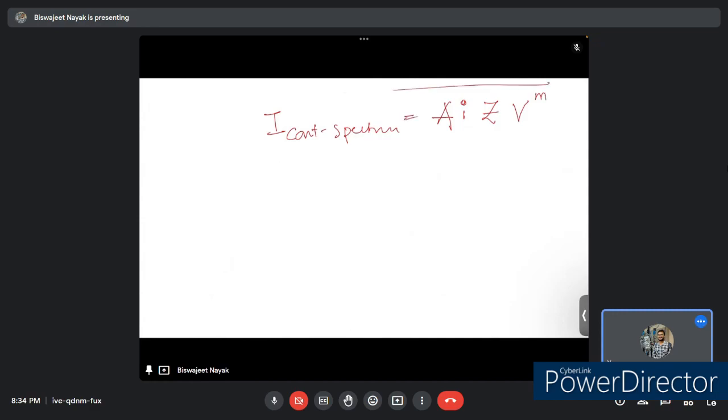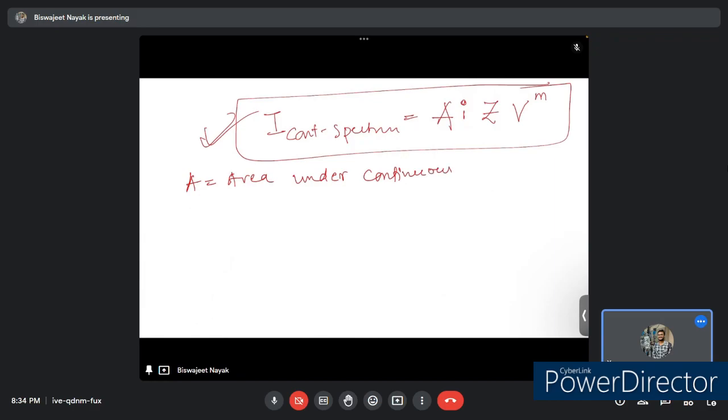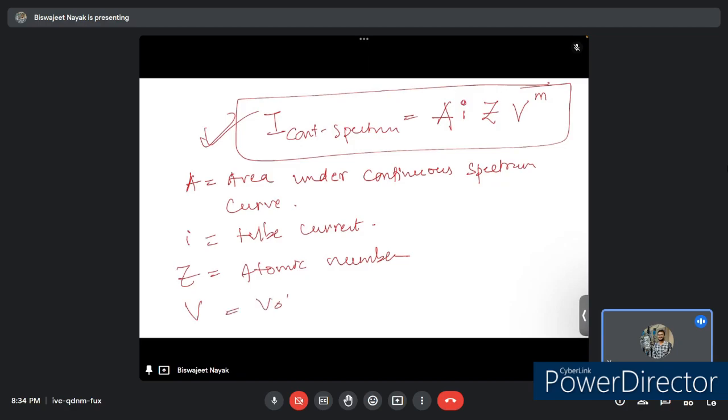And this equality is given here. A is the area under the continuous spectrum curve, I is the tube current, Z is the atomic number, and V is the voltage applied.